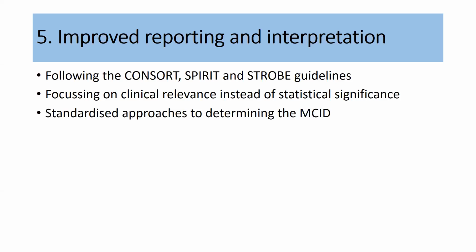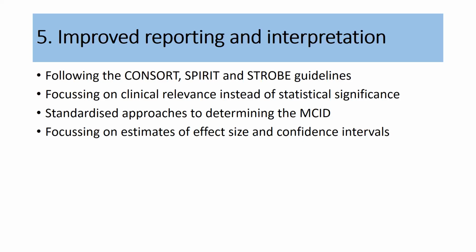We also need standardized approaches to determining the minimum clinically important difference, especially in disciplines where the outcome measures are not so objective, perhaps like psychology or the social sciences. Sometimes it's difficult to know how much of a difference equates to clinical importance, and therefore standardized approaches by experts in the field would be helpful and meaningful in determining this.